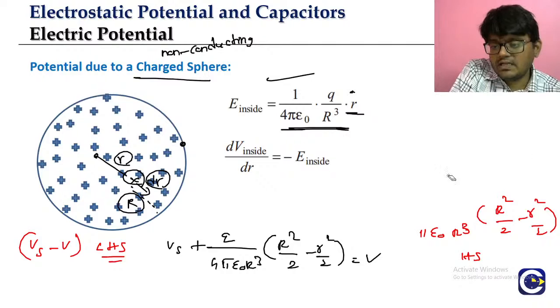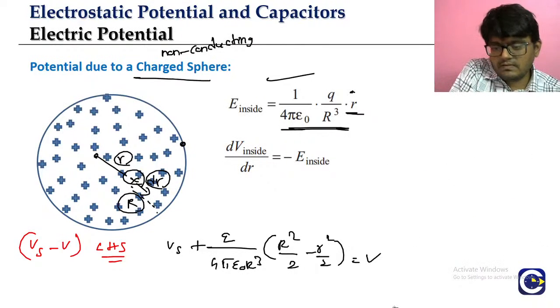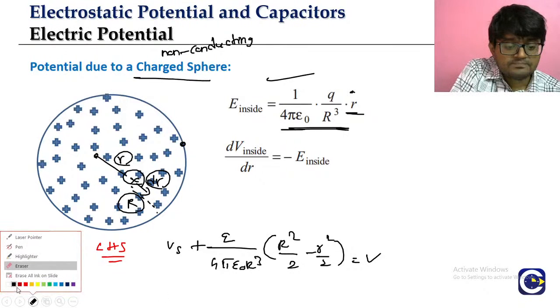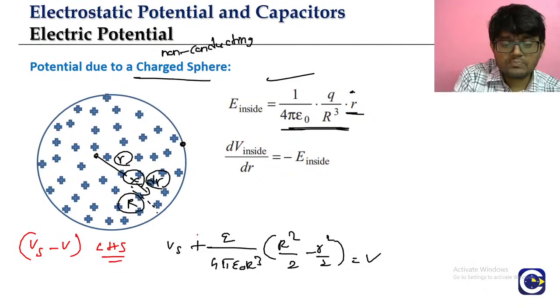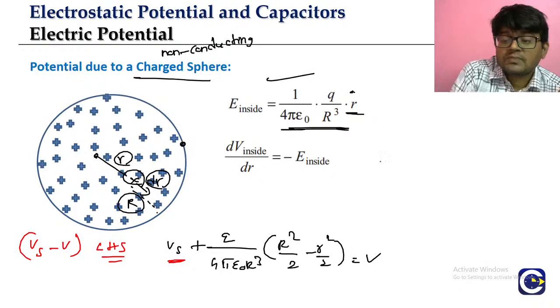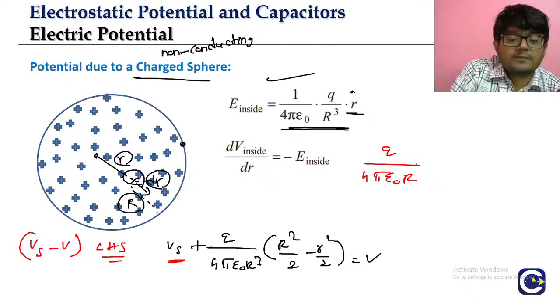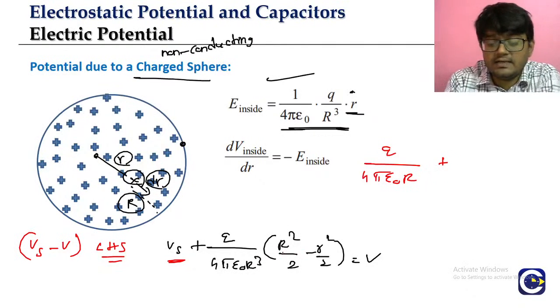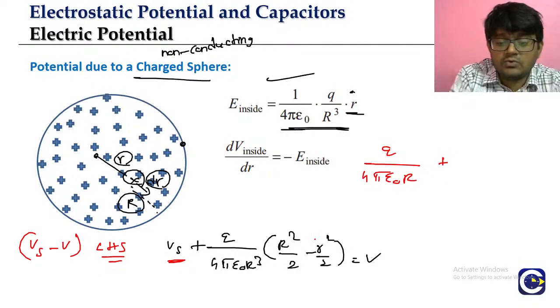What is Vs? What is the potential on the surface? Vs is q by 4 pi epsilon naught capital R, plus, look here, we will just open up the bracket.